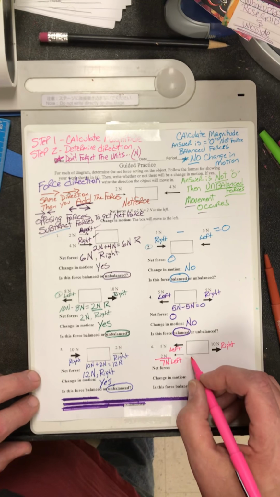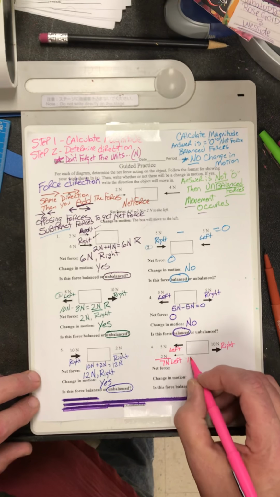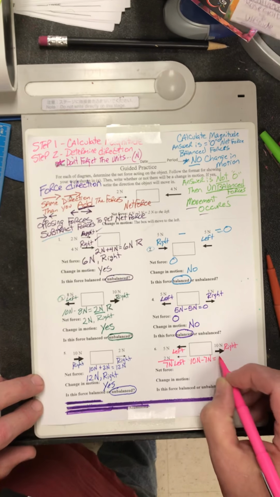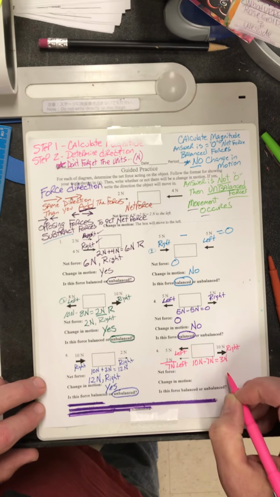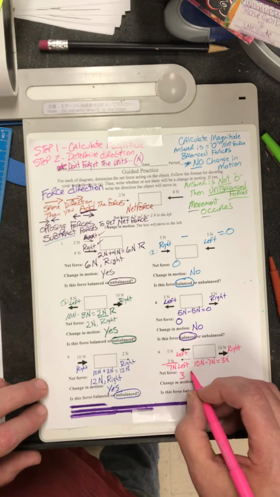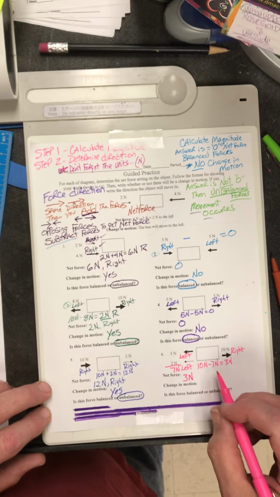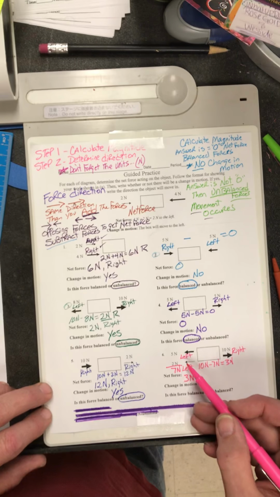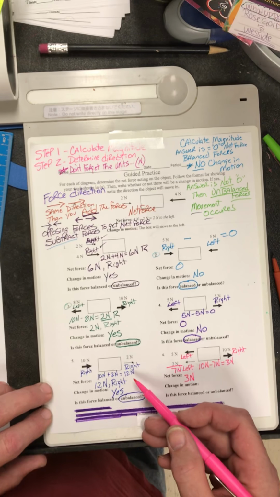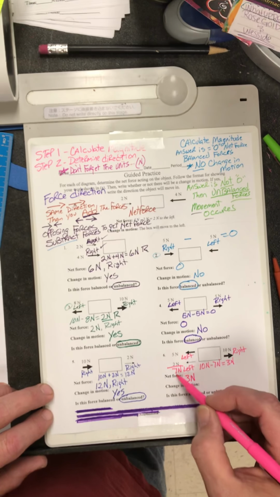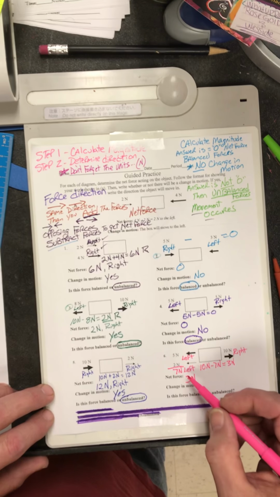So let's see how we're going to do. First off, let's get our magnitude, because that's the first thing we're supposed to do. So 10 newtons minus 7 newtons equals 3 newtons. So net force 3, and then add our unit. Our unit is newtons, capital N, remember that. And then we have to figure out which way it's going, to the right or to the left. Well, there are 2 forces going to the left, so wouldn't that make it bigger? No, we've added these 2 together and there's only a total of 7 newtons in that force.